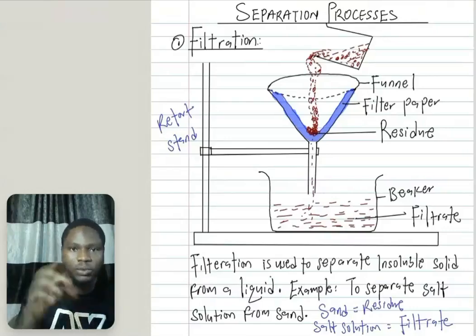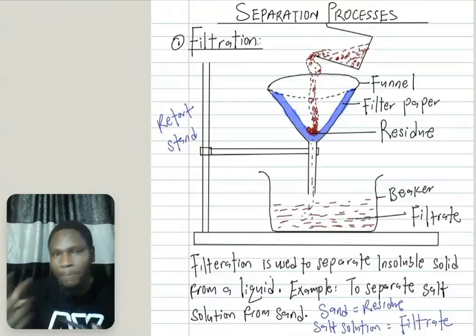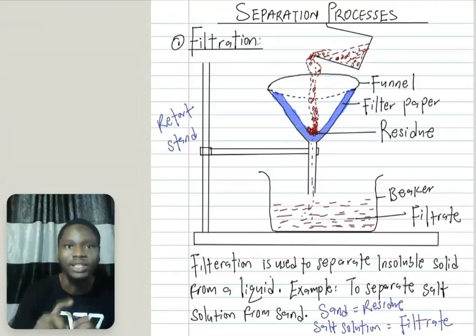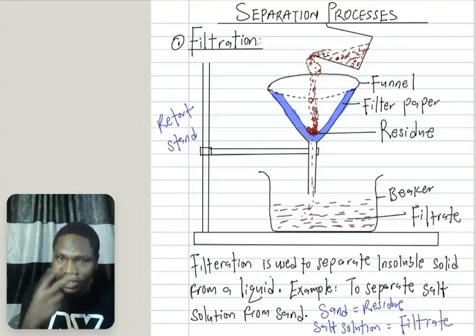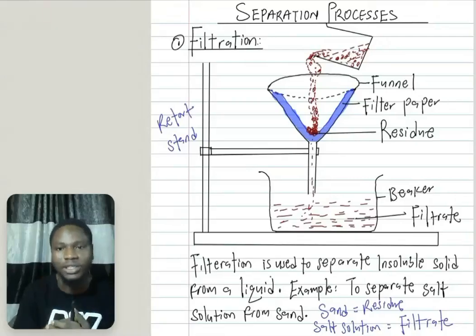If I put salt in water, the salt will dissolve totally. Looking at it, you won't know that there was salt there. It means that salt is soluble in water; it can dissolve in water. If I put charcoal in water, charcoal is not soluble. You'll see it just sits there; it will not dissolve. So insoluble means it will not dissolve, while soluble means it will dissolve.